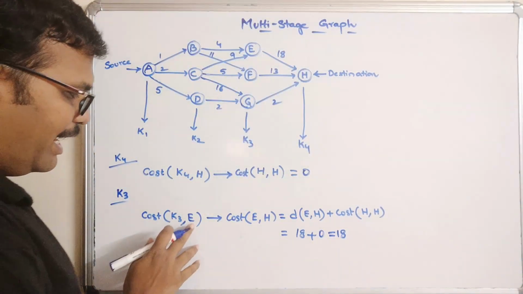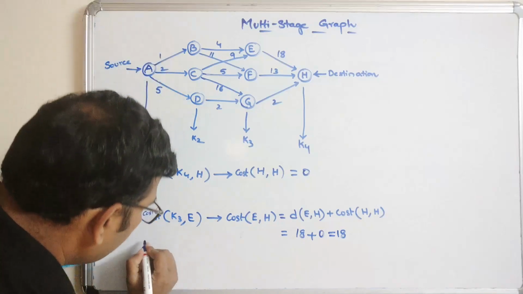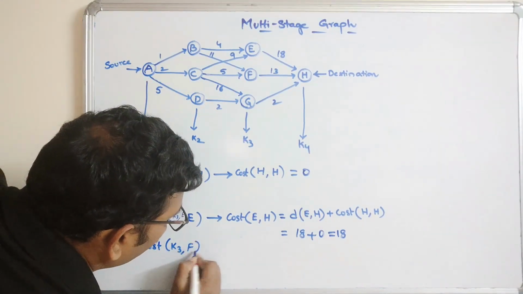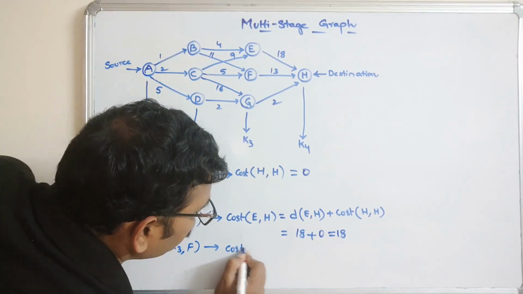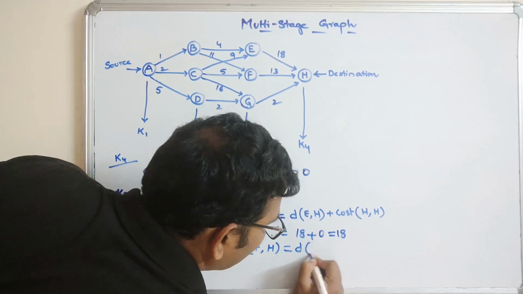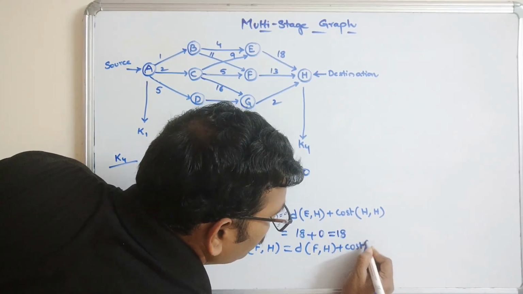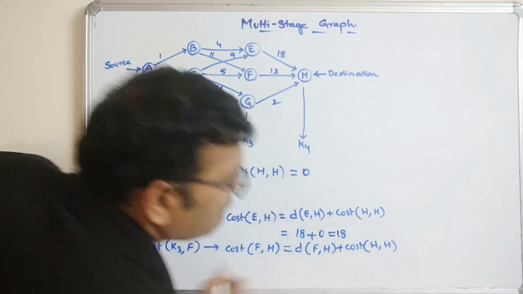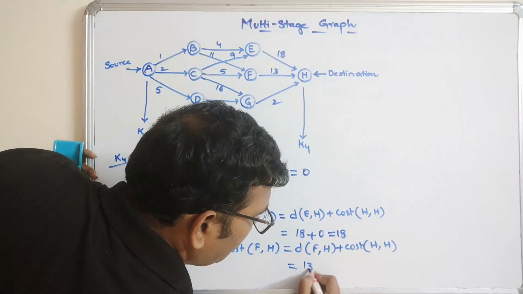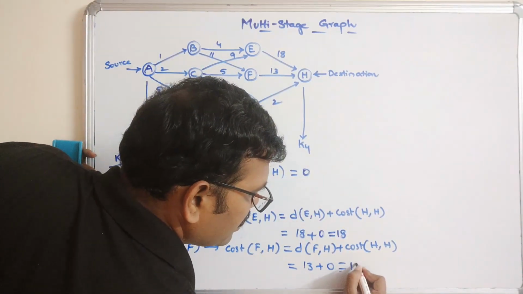So is there any vertex in K3? Yes, F is there. So once again cost of K3 comma F, which means cost of F to destination is equal to the distance from F to H plus the cost of H to H. So what is the distance of F to H? 13 plus cost of H to H. It's 0, which is 13.